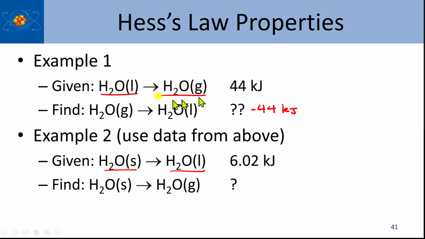So I can add the first reaction to the third reaction, and I'll end up with this fourth reaction that's down here, because the liquids will cancel out, and the energy for this process would be 44 kilojoules plus 6.02 kilojoules, which ends up being 50 point kilojoules, like that, just from the additivity that is allowed for by Hess's law, and all state functions for that matter.